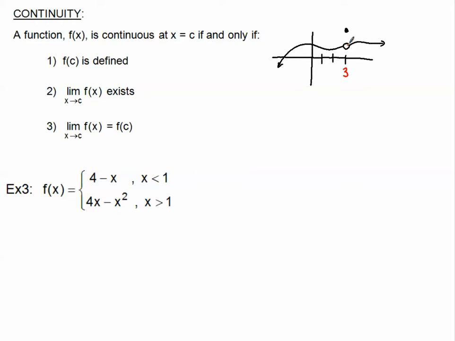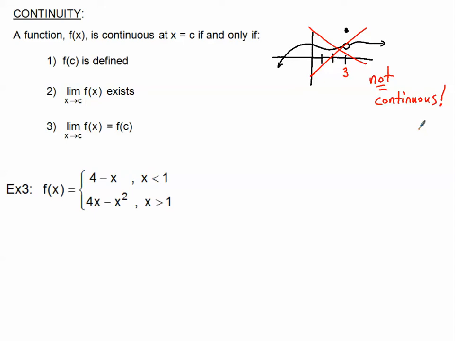So what it must be failing is the third one, where the limit and the output are not the same, and that's clear. Our output is up here, but our limit is down here, and that's why this is not continuous. So that's an example of something that follows two of the three things, but not the third one.